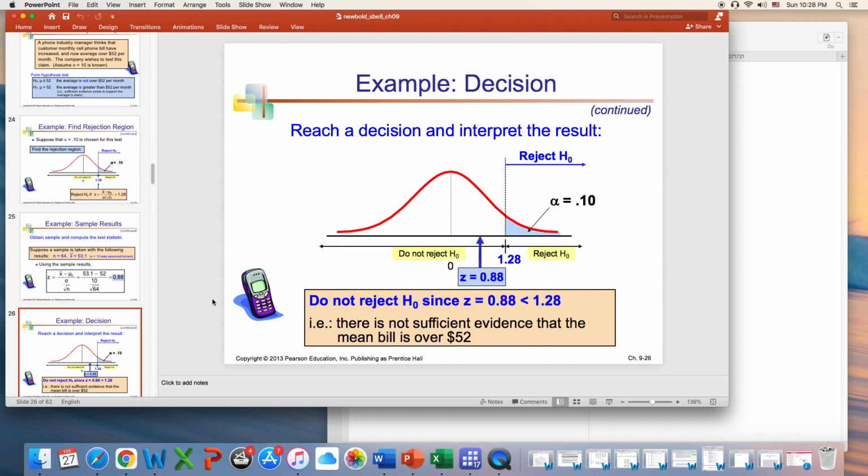The next step is to see whether this 0.88 is in the rejection area or in the acceptance area. You also have to decide whether you're using a one-sided test or a two-sided test. Let's say I'm using a 90% confidence interval, then I'm left with a 10% significance level.